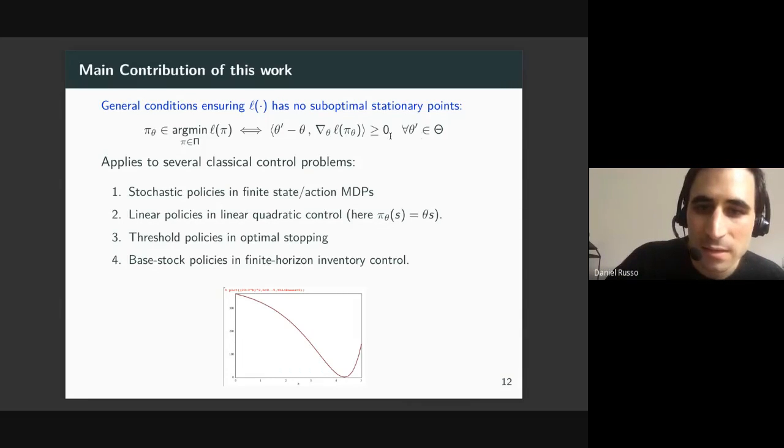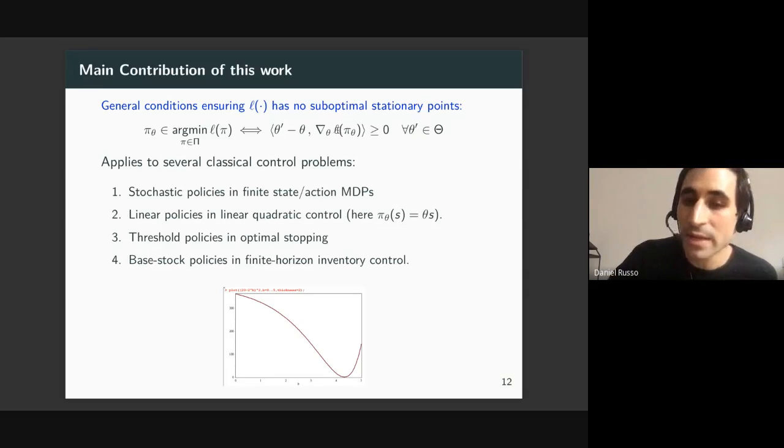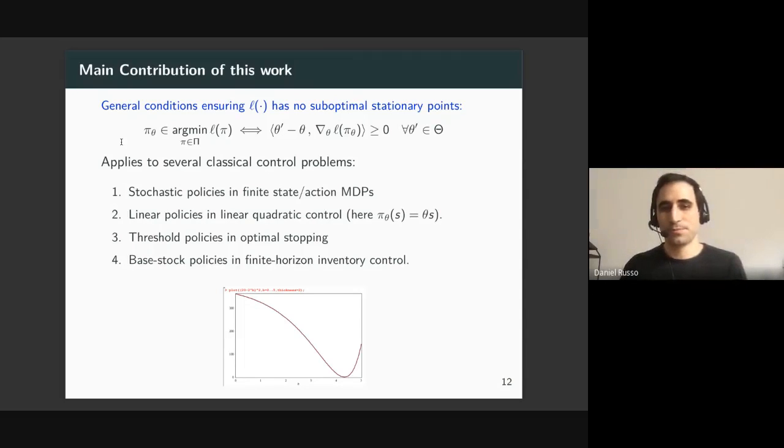When the parameter space theta is unconstrained, this can be rewritten as saying that the gradient of L is 0. What we want to show is that whenever such a condition is satisfied, the landscape of the loss function is such that the policy is itself optimal.